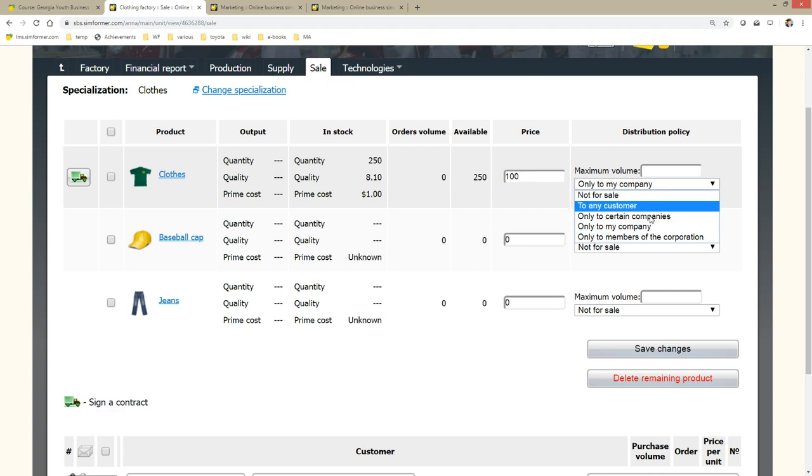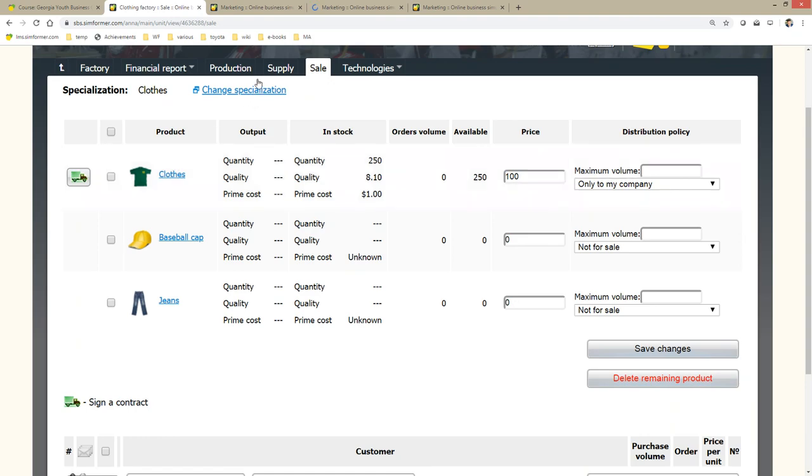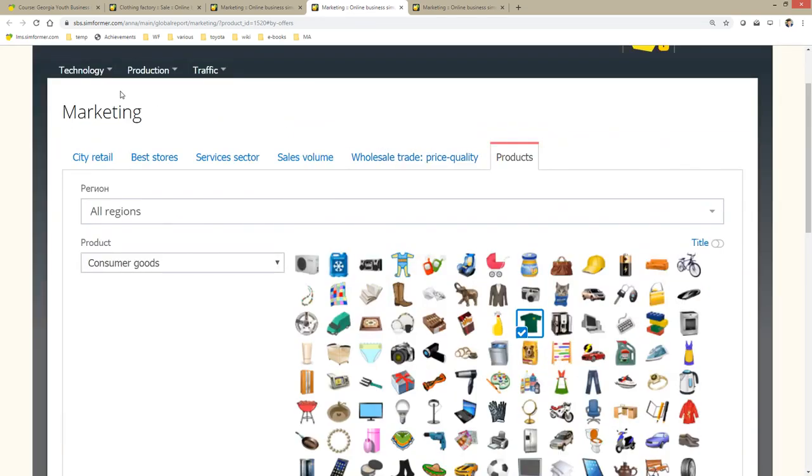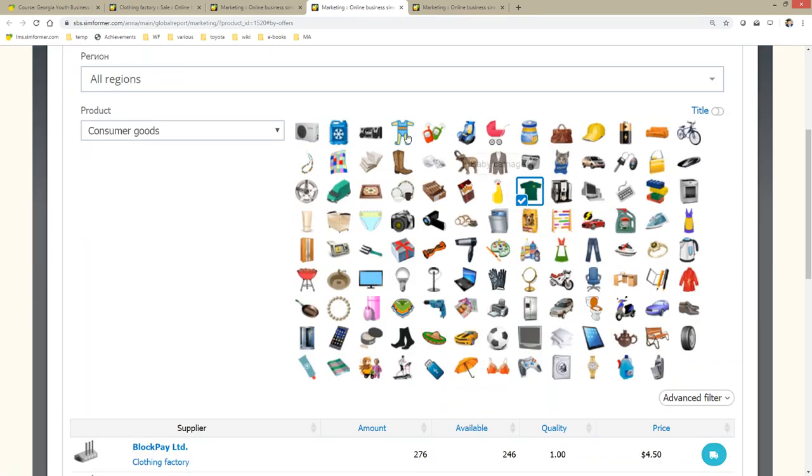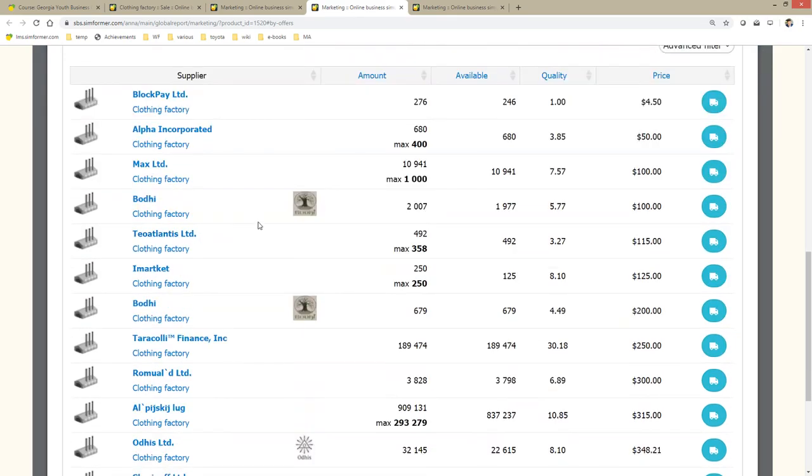If you're going to any customer, be aware that the same as in the store, you can see a market report as you click on the product or the name. Differently from marketing city retail, you'll be directed into marketing products. This is where you can choose the product and see what kind of retailers are present.